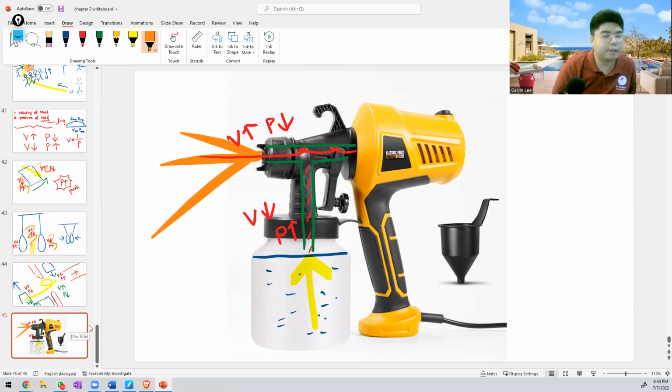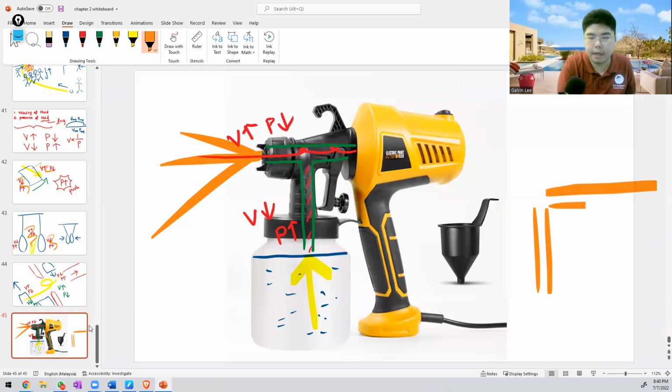So you can actually use this simple method to create your own air spray. Tonight, later, if you have a straw, you can do it. Just take the straw and cut it in half. One straw you celup into air, another straw you put at the top here.